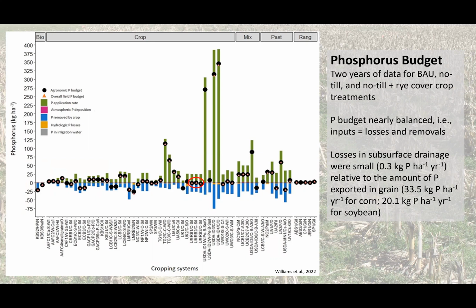They put this all together, gathered all the data from the sites, and did a meta-analysis to figure this out. I thought it was a cool diagram to put in here because it shows where we are and also shows that we're fairly balanced. I like to see that, whereas some of these other sites, like the ones in Idaho, are not. So we're doing well.